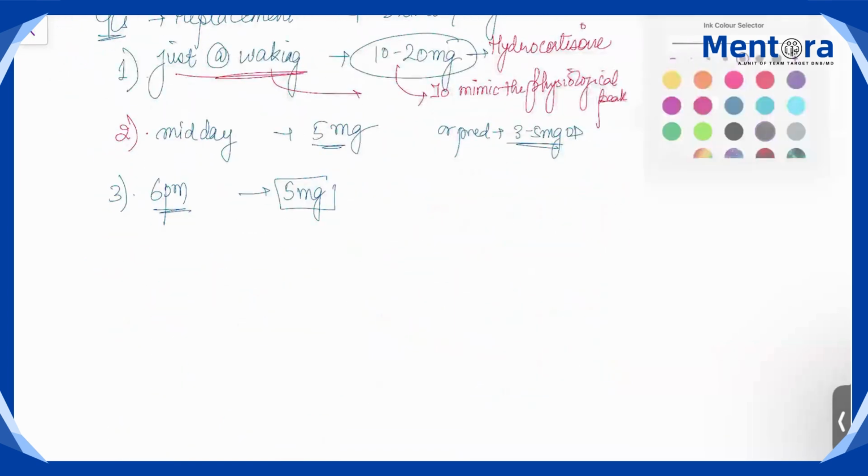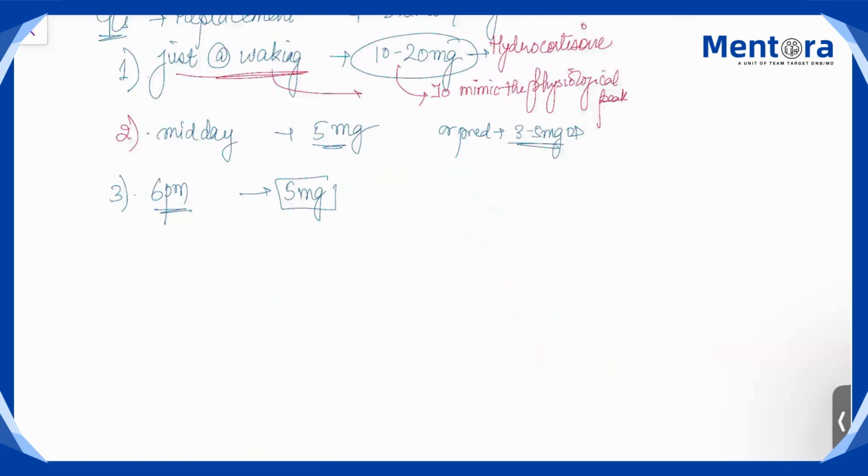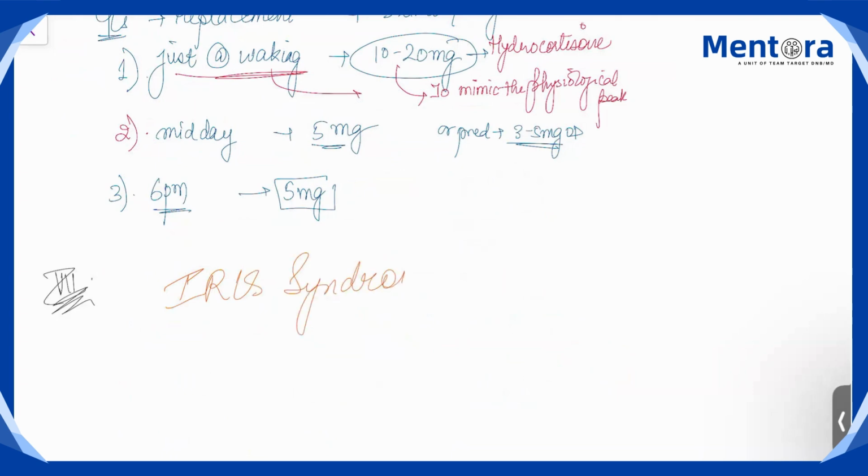Okay, then 7th, IRIS. Immune reactivity, hypersensitivity to AKT. So in this IRIS syndrome, you need corticosteroids.